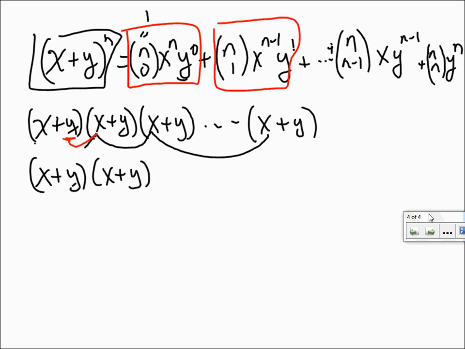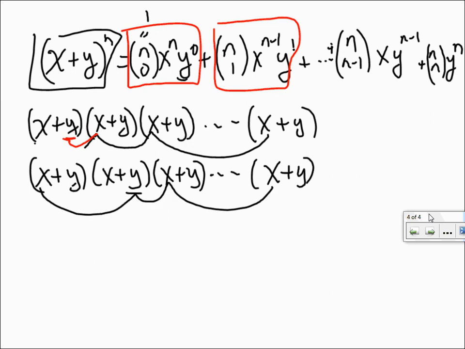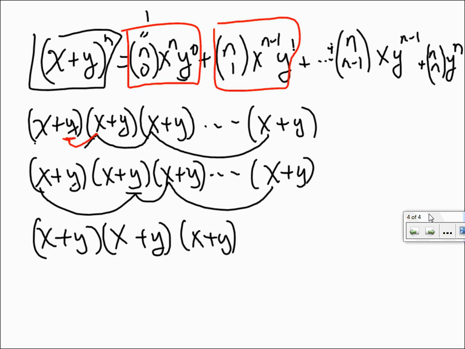You can pick the first y, or you can pick the second y, x, y, and then all x's. Or you can pick the third y, and only the third y. So you multiply x by x times y times x. That will give you x to the n minus 1 times y.